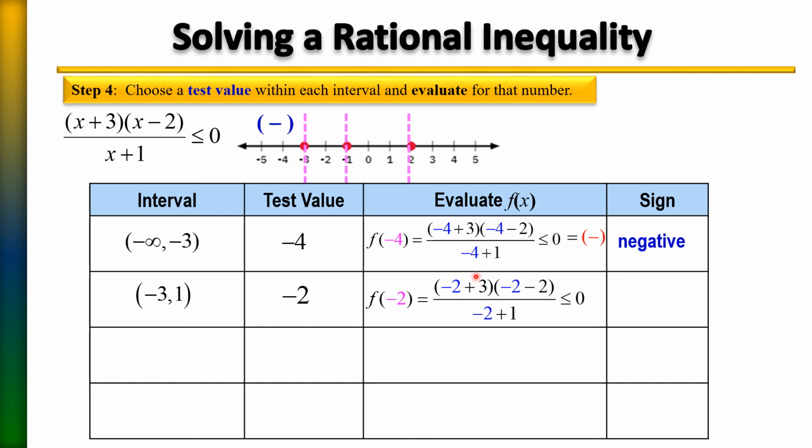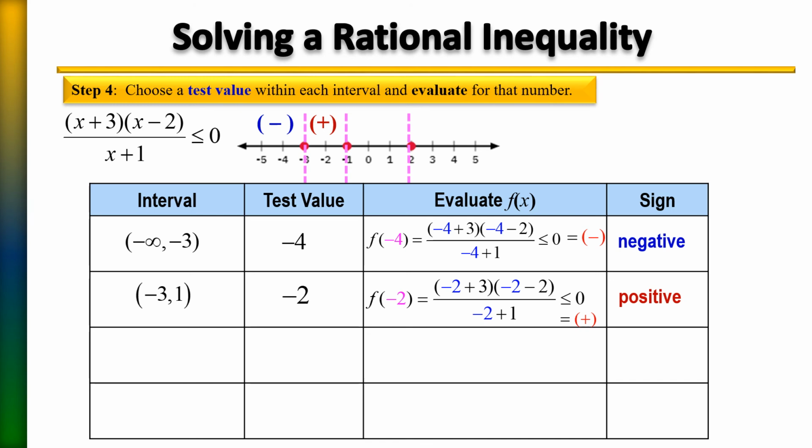A positive times a negative is a negative. So I have a negative value on top, a negative value on the bottom. A negative divided by a negative is a positive. So everything within that second region there is positive, so that's not going to be a part of the solution. So that's good because we don't have to worry yet about that being there.